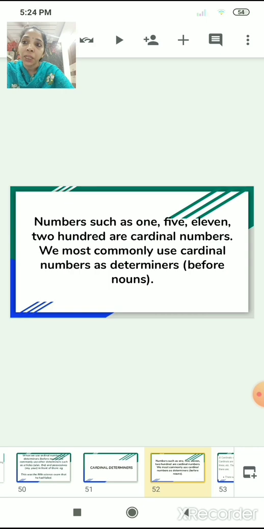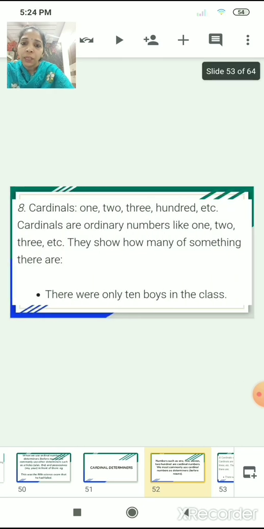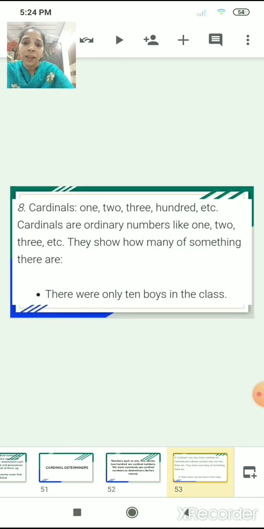In terms of meaning, numbers are similar to quantifier determiners, but most grammarians treat them separately, and so do we. These cardinals are ordinary numbers like 1, 2, 3, 4, 500. They show how many of something there are.